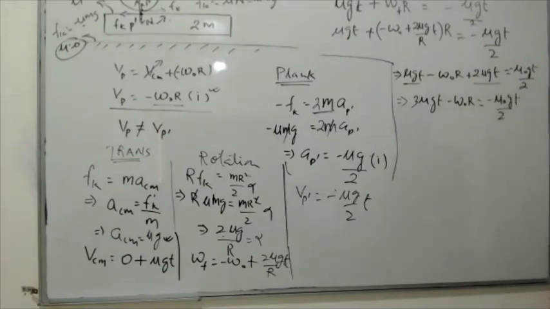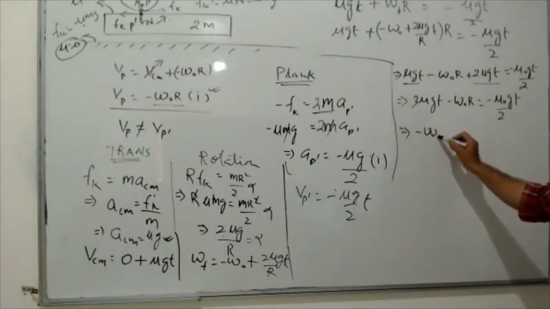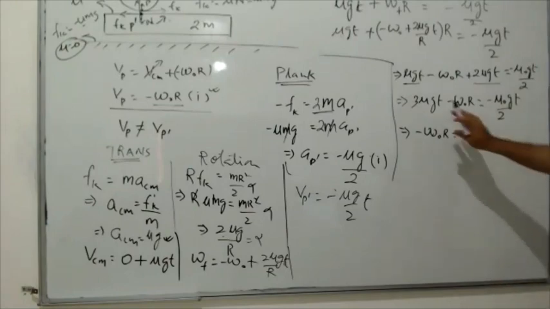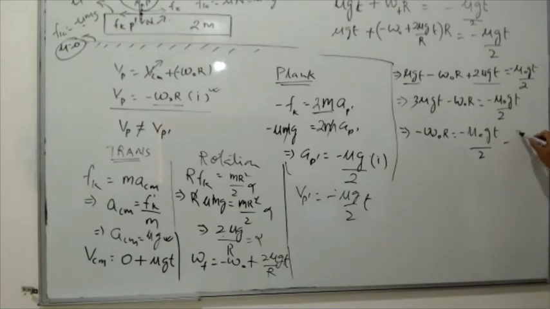Am I right? From here, minus omega naught into r will be equal to minus mu g t by half minus 3 mu g t. So this will be equal to 7 by 2 mu g t, since 3 plus half is 3.5.